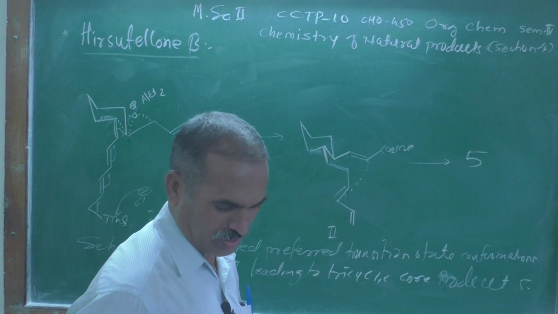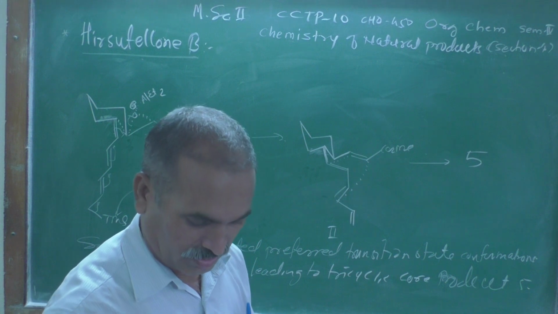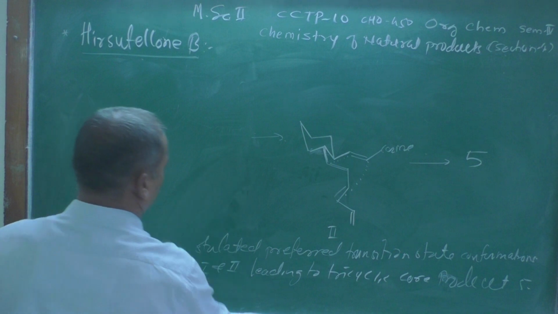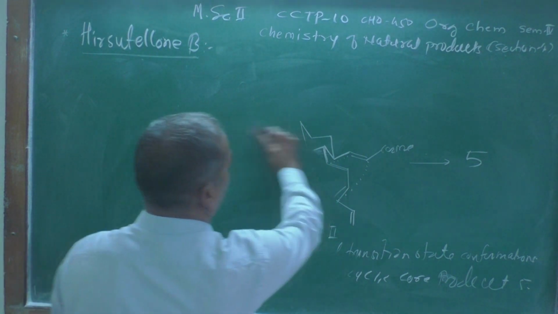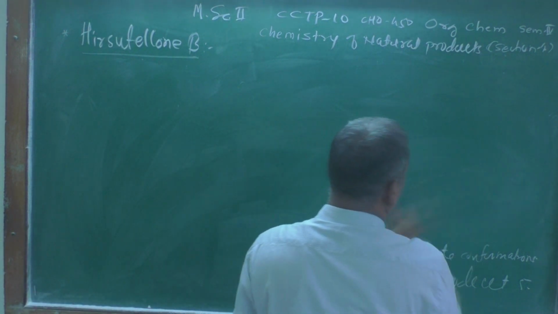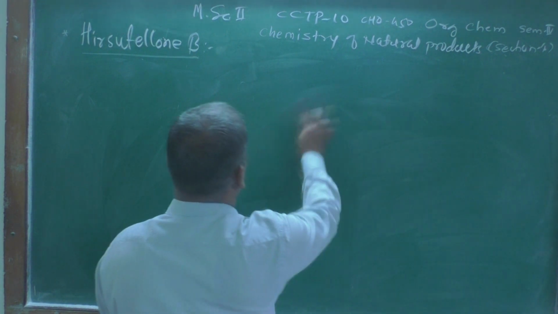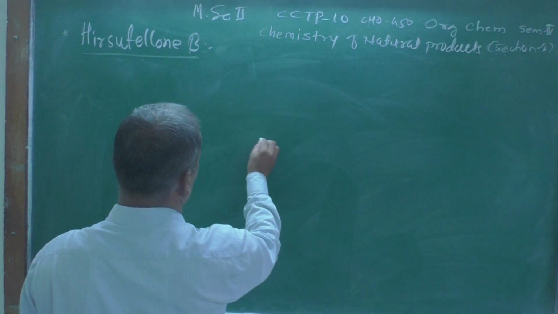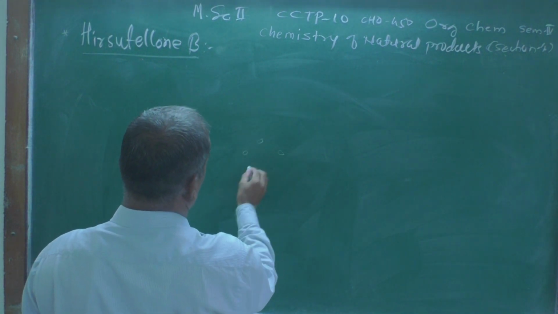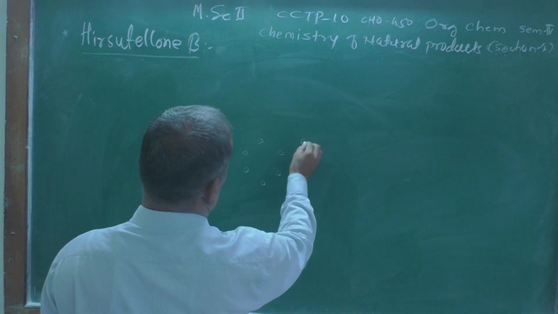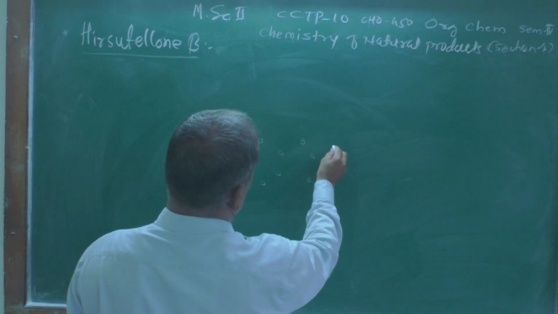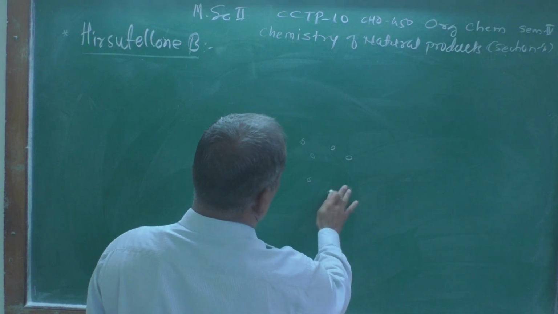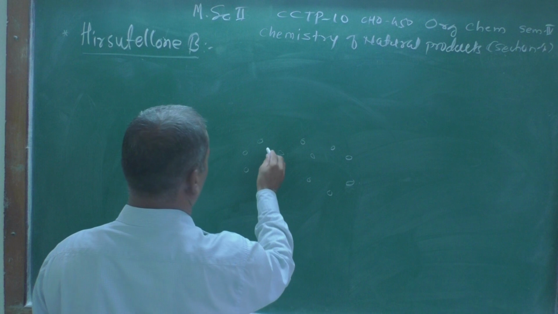As we know, in this structure, which we already discussed earlier, there is a 6-membered ring and a 5-membered ring, and how they are joined.